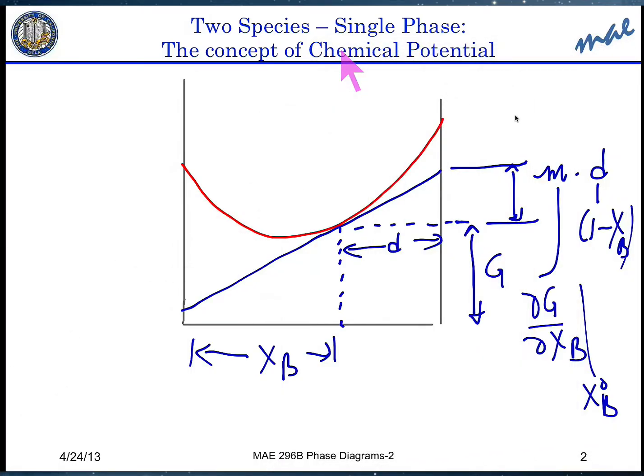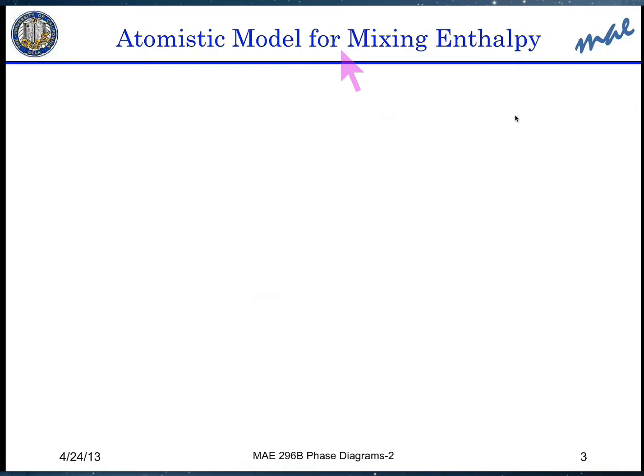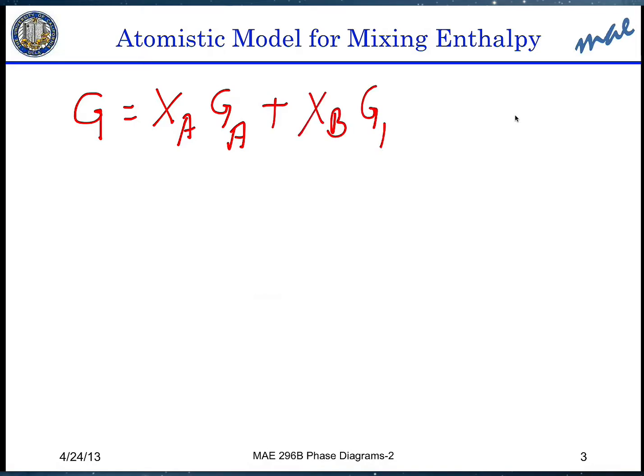So suppose now that I have two systems, and what I want to do is find the Gibbs free energy. I would like to get the Gibbs free energy for the two systems as x sub a times the Gibbs free energy of A plus x sub b times the Gibbs free energy of element B plus delta G mix.